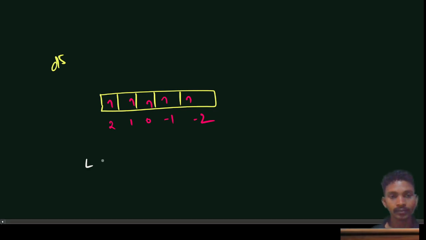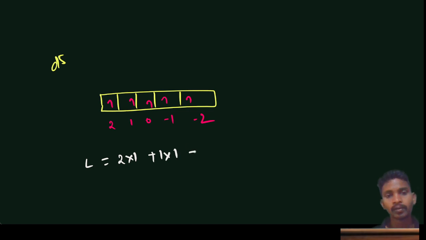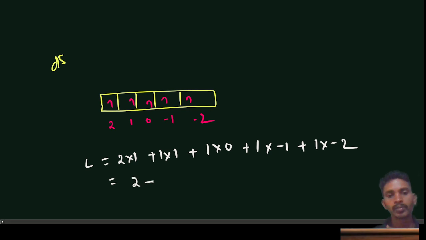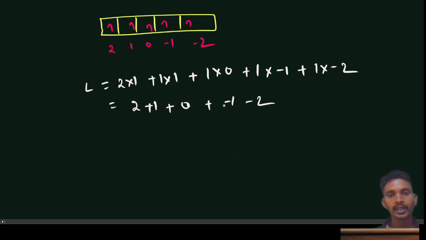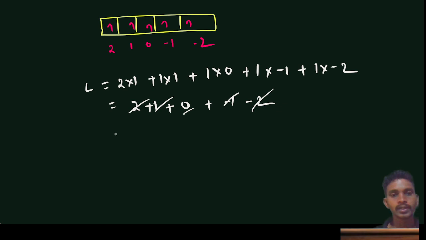L is how much? That is 2 into 1 plus 1 into 1 plus 1 into 0 plus 1 into minus 1 plus 1 into minus 2. That will be 2 plus 1 plus 0 minus 1 and minus 2. Here this cancels with this, and this cancels with this. So the L value is equal to 0.